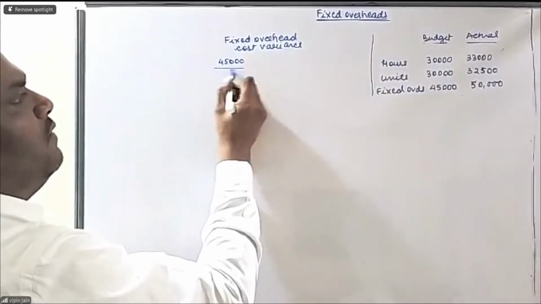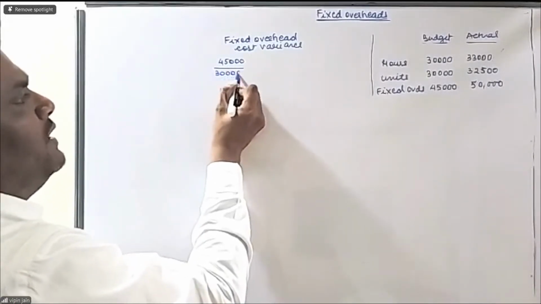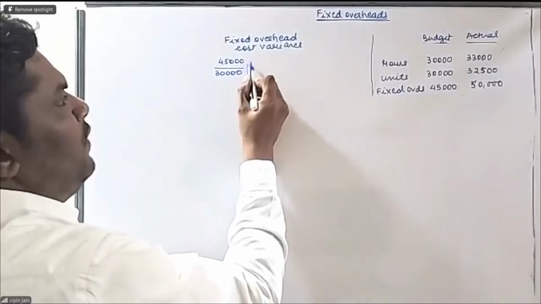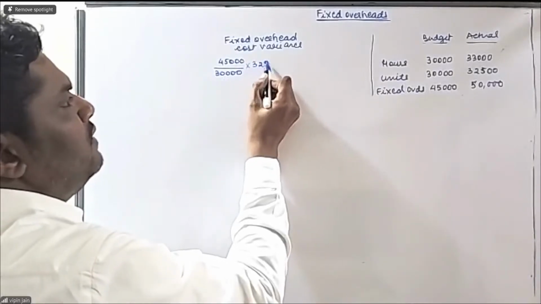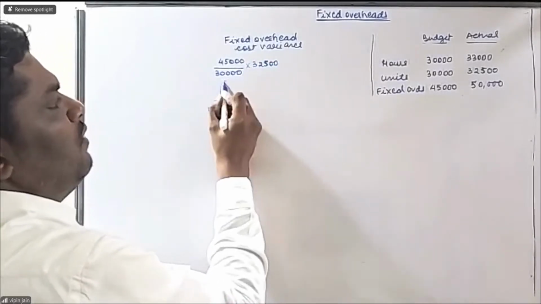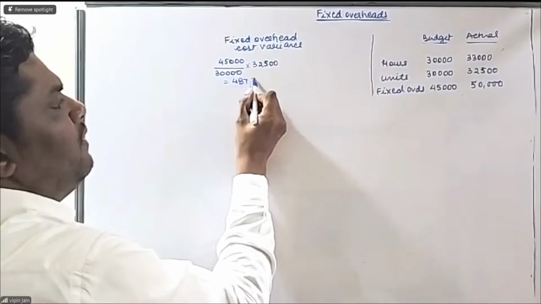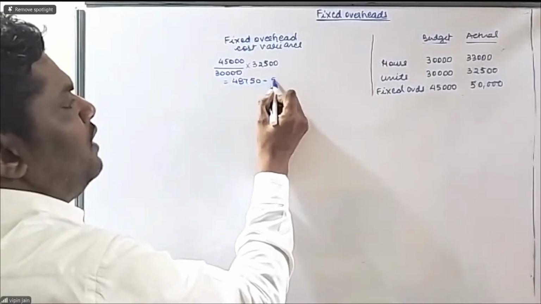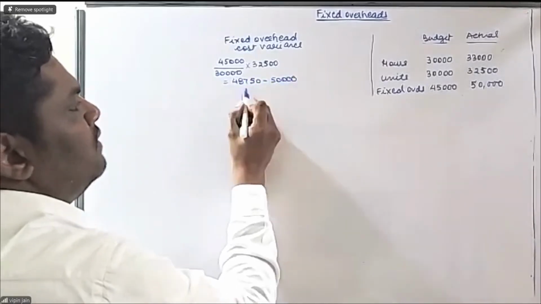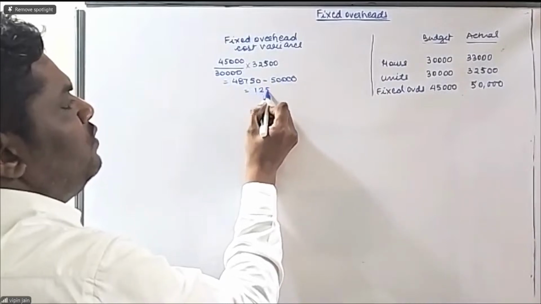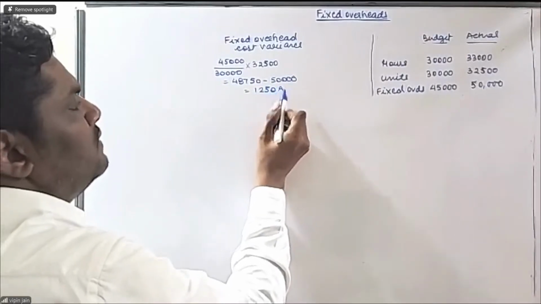45,000 overheads for 30,000 units. So for 32,500 units, how much? 48,750. My actual overheads were how much? 50,000. That is 1,250 adverse.